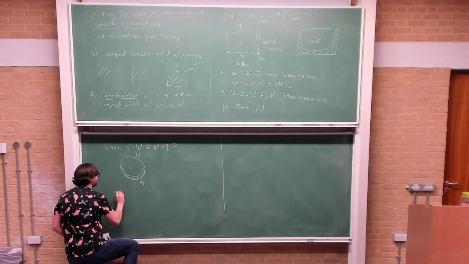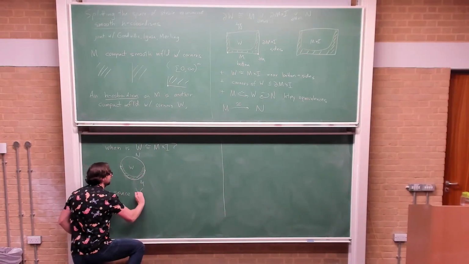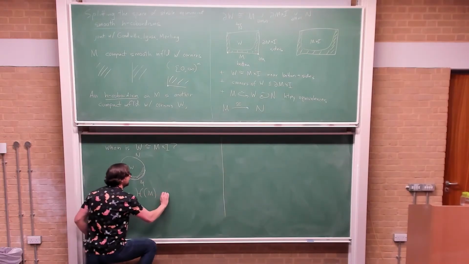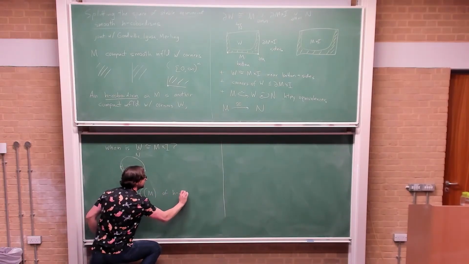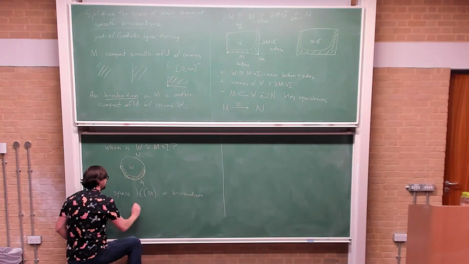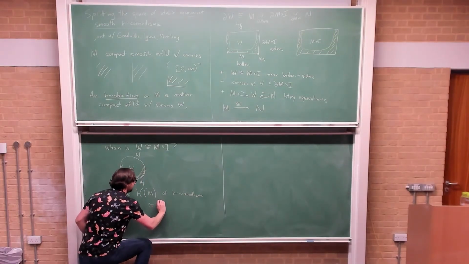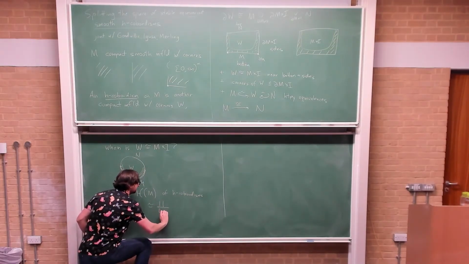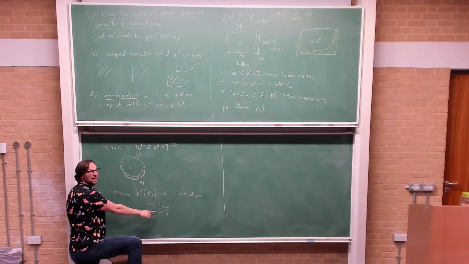So there's a space, fancy H of M, of h-cobordisms. You should think of this as a disjoint union over diffeomorphism classes.